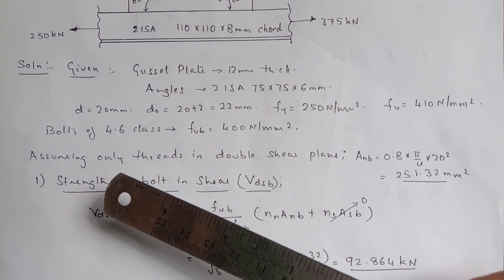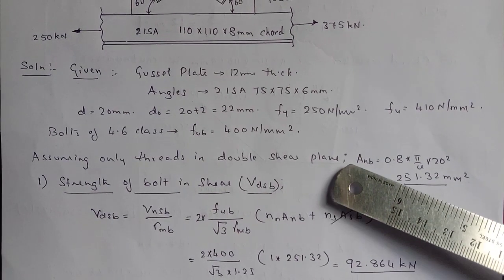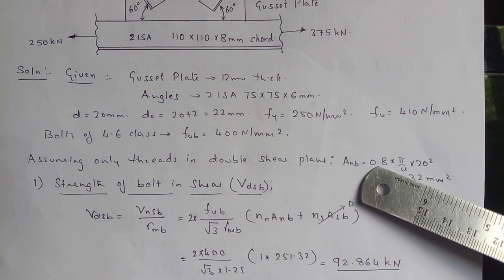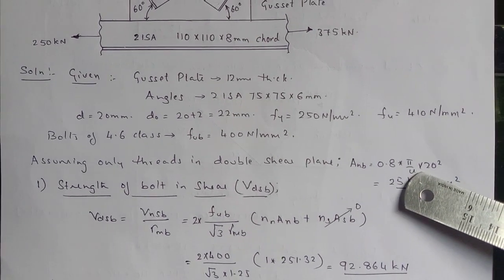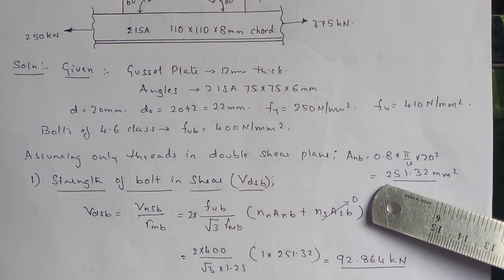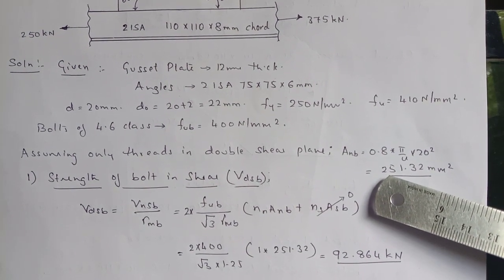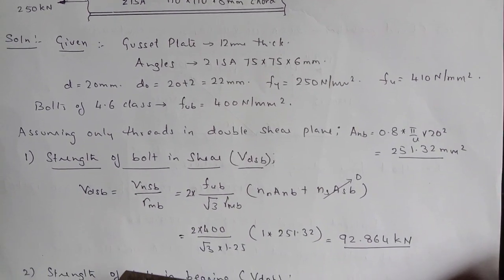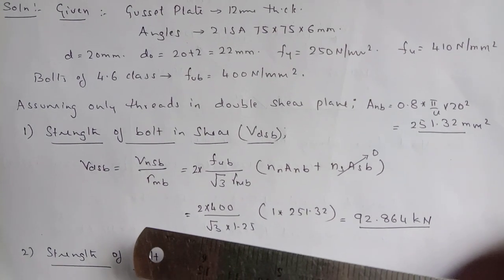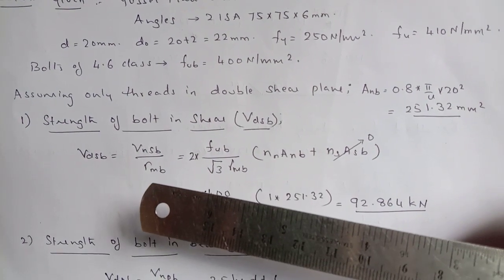Then let us assume only threads in double shear plane. So that means Anb is taken as 0.8 times pi by 4 into 20 square, by assuming ISO threads, which works out to be 251.32 millimeters square. Now let us calculate strength of the bolt in shear, that is Vdsb. So Vdsb equal to Vnsb by gamma mb.